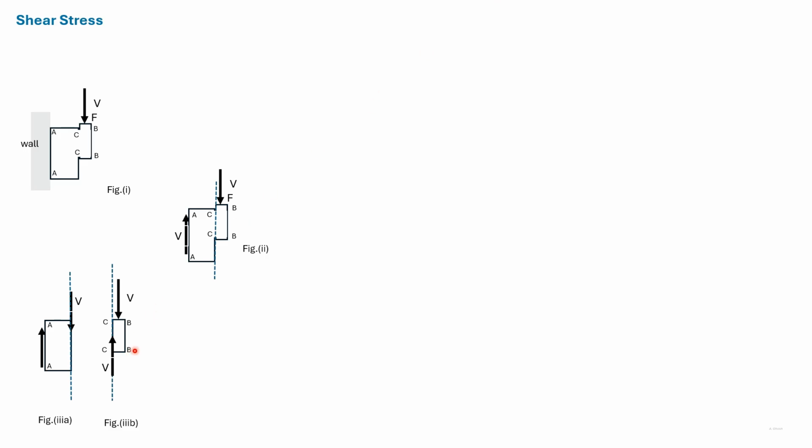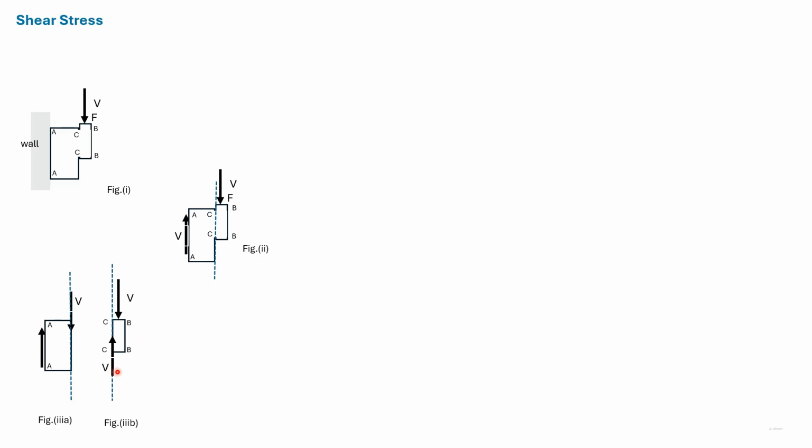Then the right-hand portion between BB and CC would be in equilibrium. So there would be a force V acting along CC. If we take the equilibrium of the left portion, then there will be a force V acting as well. These two forces V form an action-reaction pair.